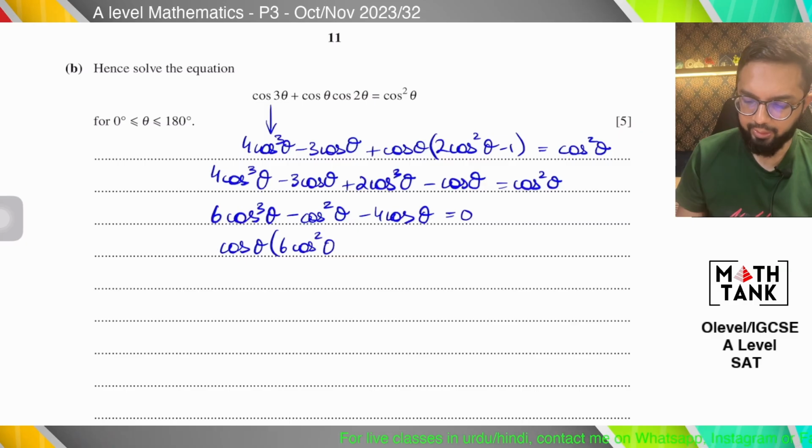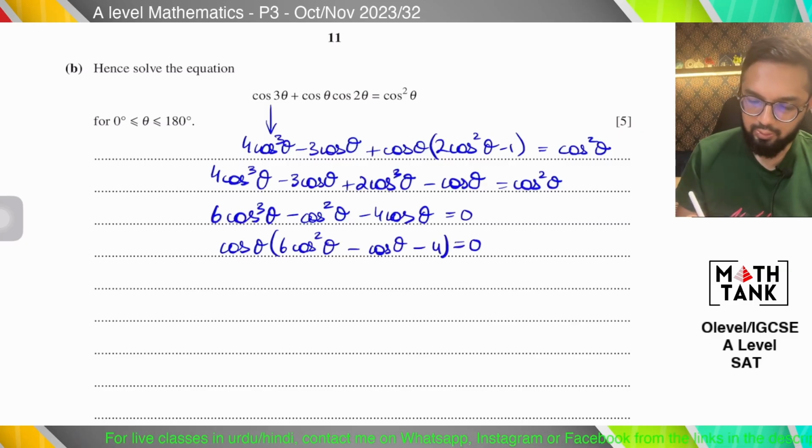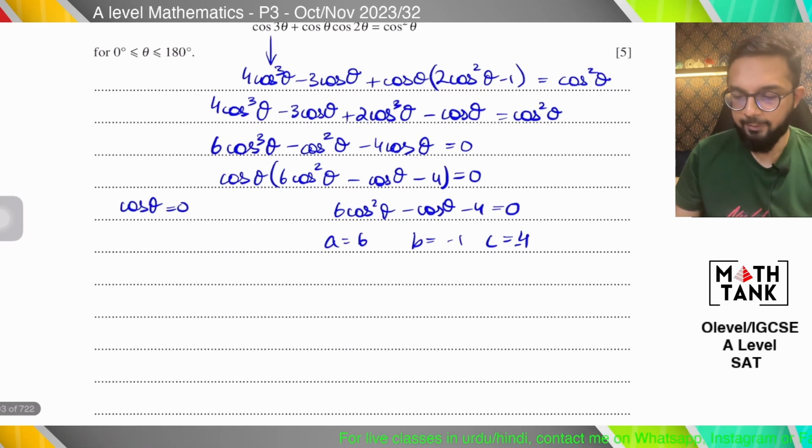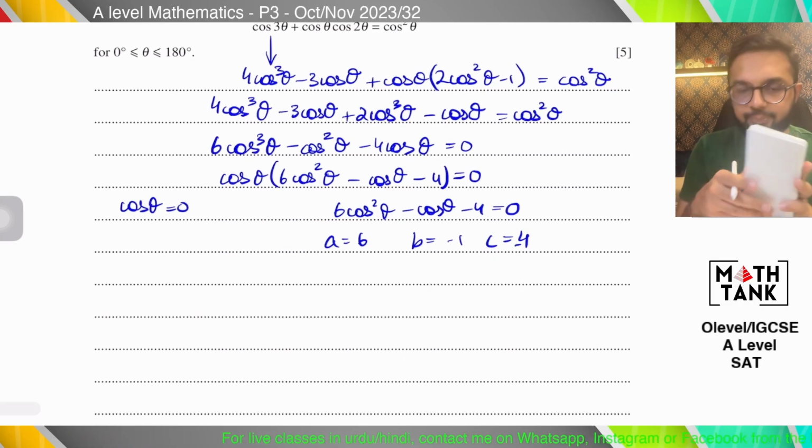So 6 cos square theta minus cos theta minus 4 equals 0. So either cos theta equals 0 or 6 cos square theta minus cos theta minus 4 equals 0. Then A, B, C, you use the quadratic formula, you show the working for the quadratic formula, and then you solve for cos theta.